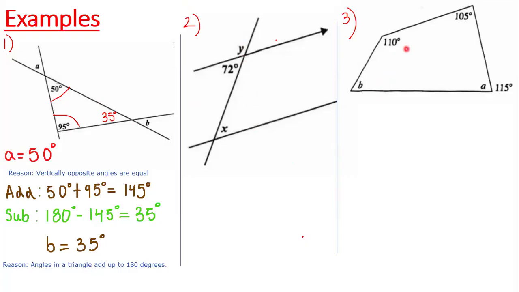Why are you subtracting from 180? Angles on a straight line. Yeah, I agree with that. So if we look at this, let me use a red. If we use red, this is like so, and this is like this.